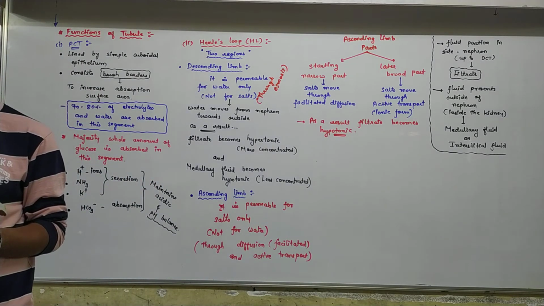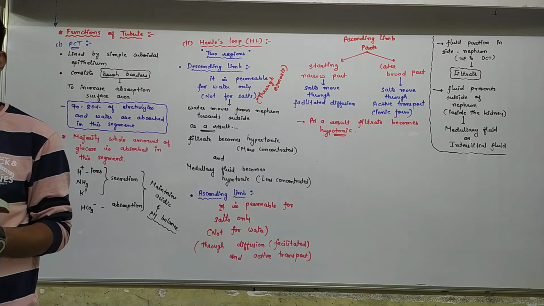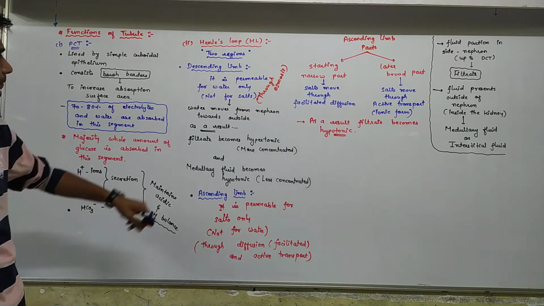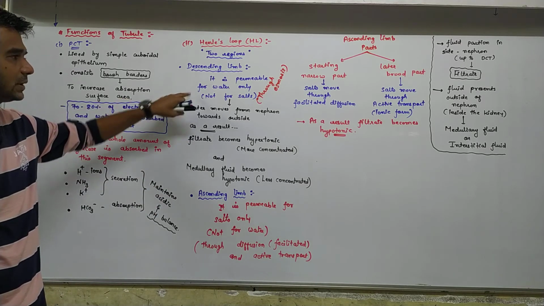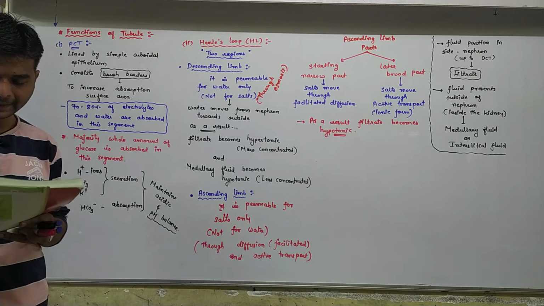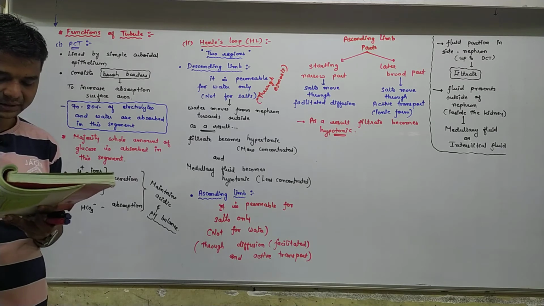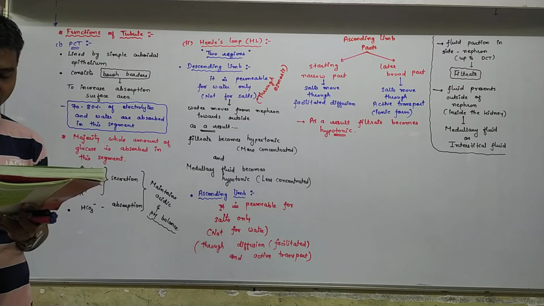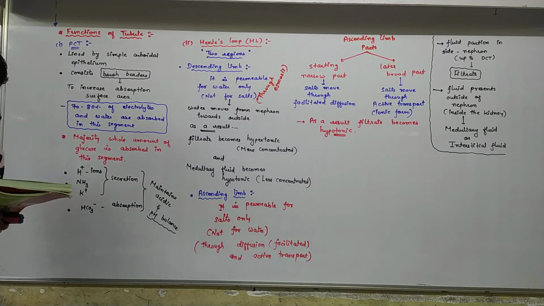The descending limb of loop of Henle is permeable to water but almost impermeable to electrolytes. Okay? This concentrates the filtrate as it moves down. The ascending limb is impermeable to water but allows transport of electrolytes actively and passively.